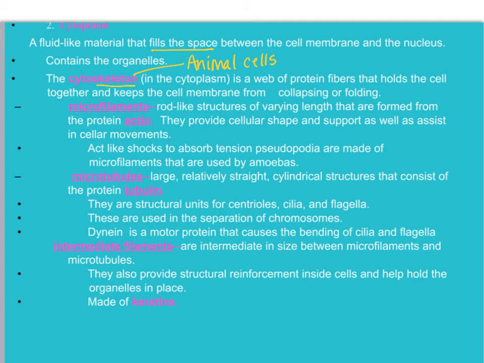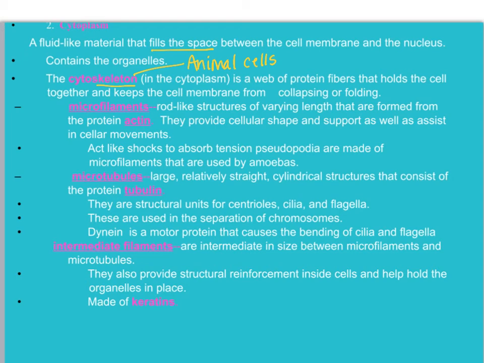You have 2 arms, 2 legs, a head, a trunk, and so it gives your body a shape so you're not just a blob. So the cytoskeleton in an animal cell is going to give it that spherical shape that animal cells are known to have, which not every animal cell has.